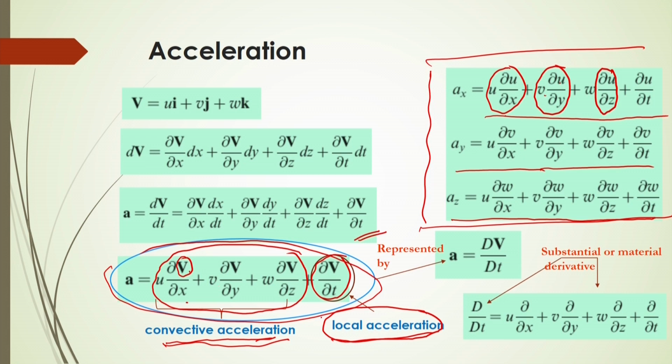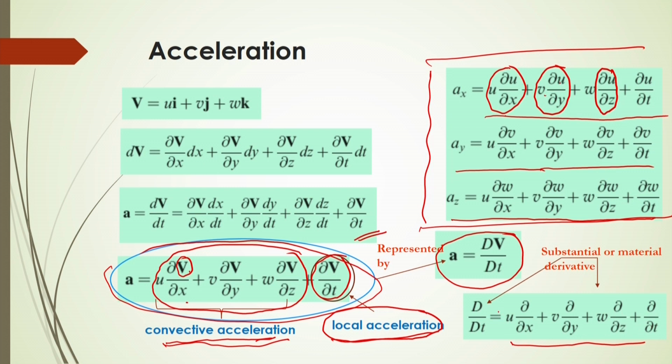Now, these things can be represented by other important notations. It is called substantial or material derivatives. So, capital D v by D t, this is called the substantial or material derivative. It is defined as u ∂/∂x plus v ∂/∂y plus w ∂/∂z plus ∂/∂t.